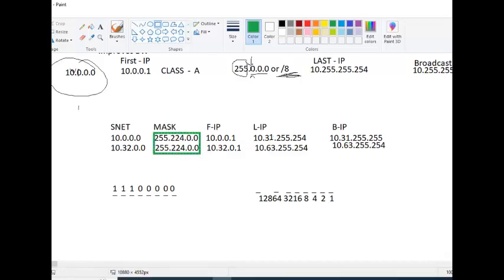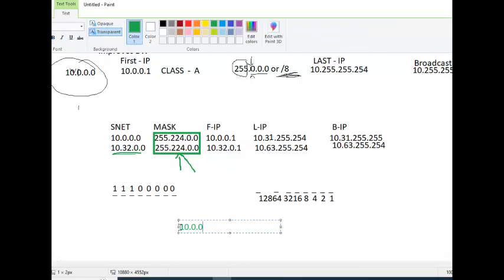You see, if I don't write the subnet mask, this 10.32 will not be seen as another network. Because you got this subnet mask 255.224.0.0, the IP addresses, let me write here, 10.0.0.1 and 10.32.0.1.